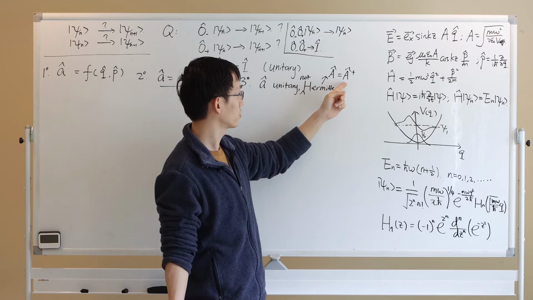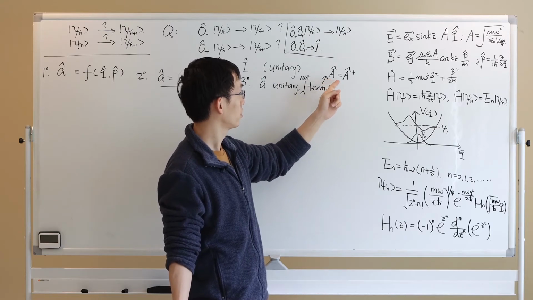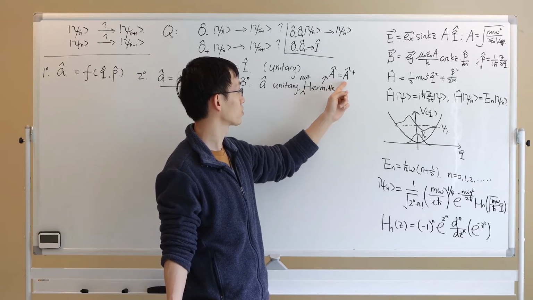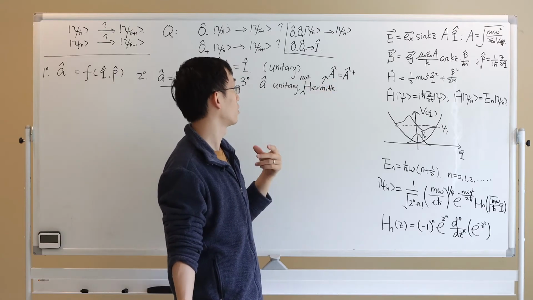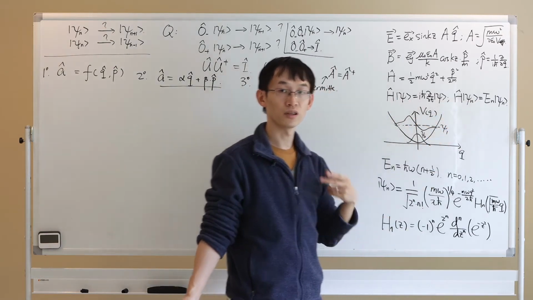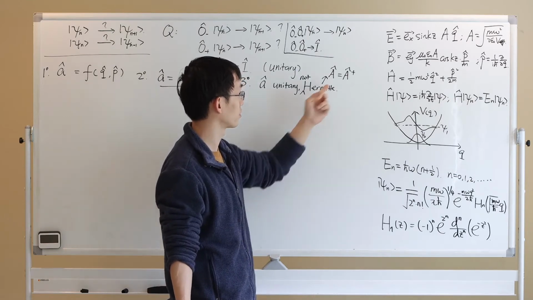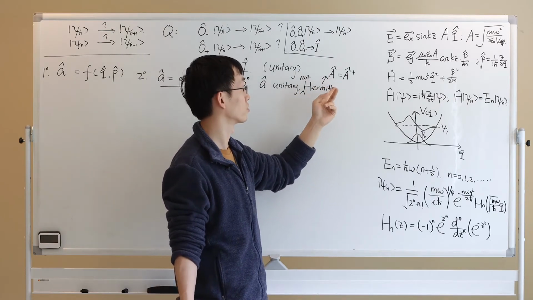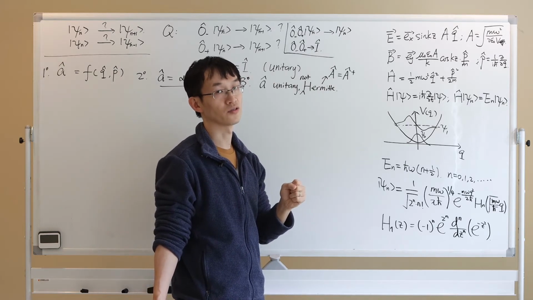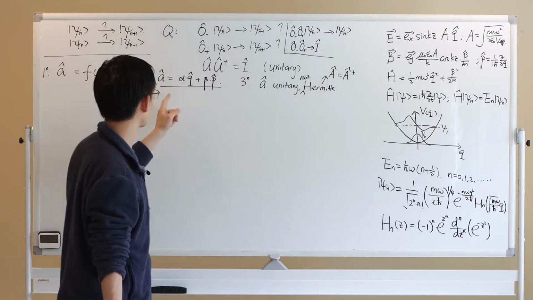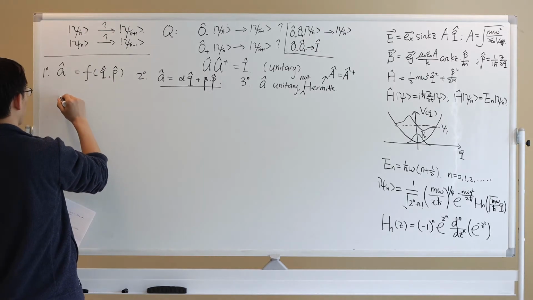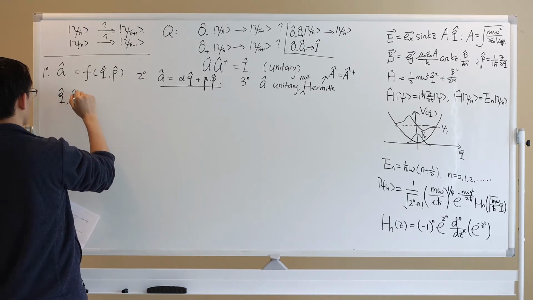But if A satisfied the Hermitian condition, its conjugate transpose equals itself, then its eigenvalues shall have some special property. The eigenvalues of a Hermitian operator are all real numbers, and that corresponds to a measurable physical attribute. For example, X and P are both Hermitian. So here, let's say Q and P are Hermitian.